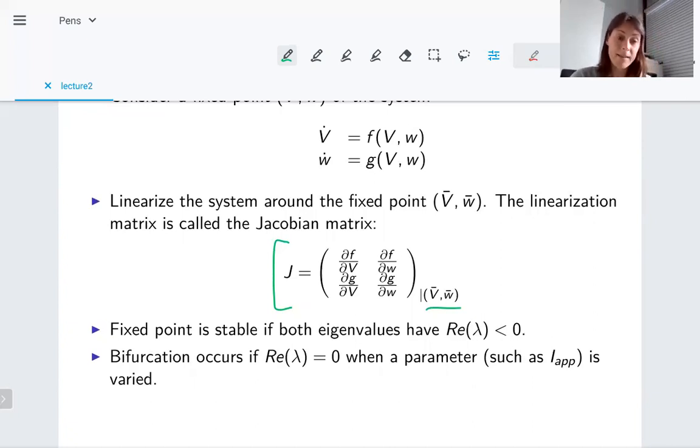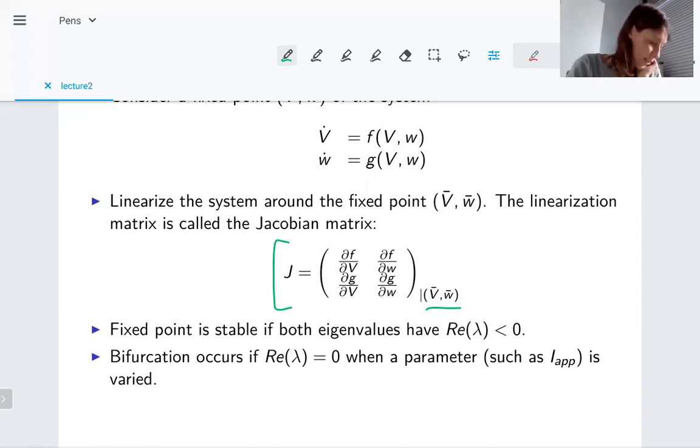And for those values where the real part is equal to 0, there occurs a bifurcation. Let's say that we have an external parameter, and an equilibrium which is stable because the real part of its eigenvalues is negative, and then at some point, for this value of I applied, the equilibrium point has an eigenvalue with real part equal to 0. We say that here a bifurcation occurs.